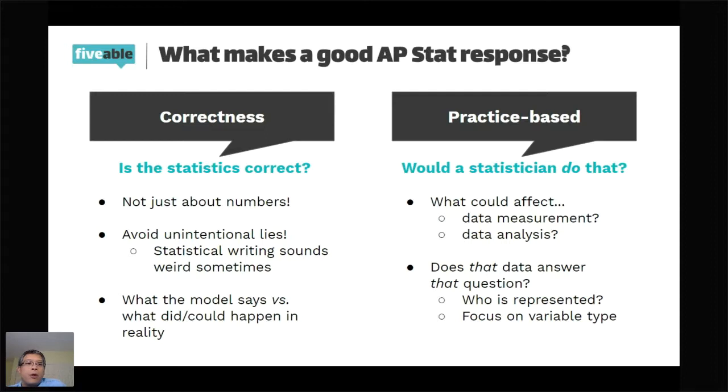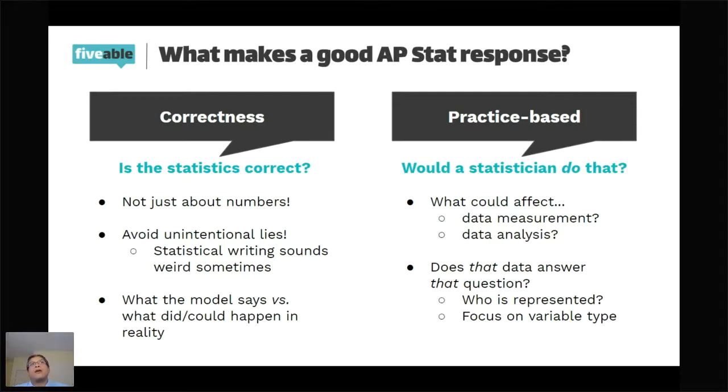For example, is the way that I ask a question going to influence the response that a person may have? If I'm conducting a survey determining whether people support their local police departments, and I have a police officer in uniform conduct it, that's going to really affect the responses.